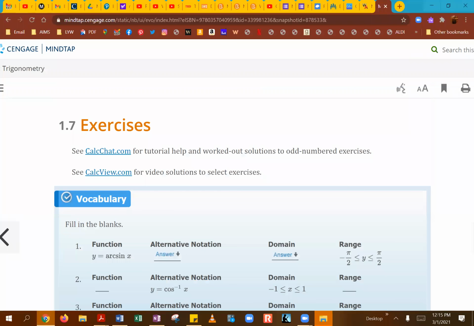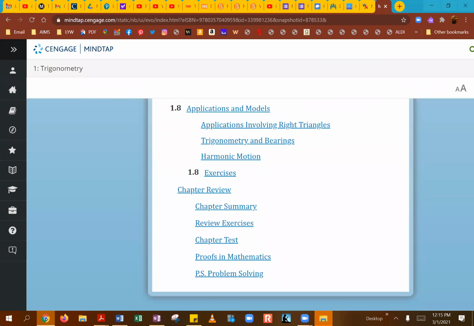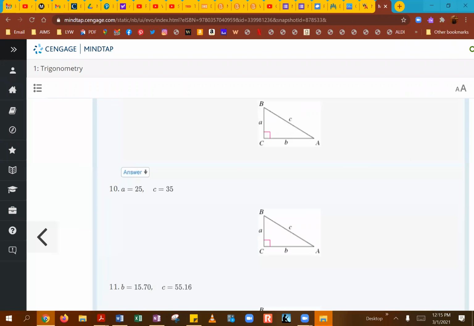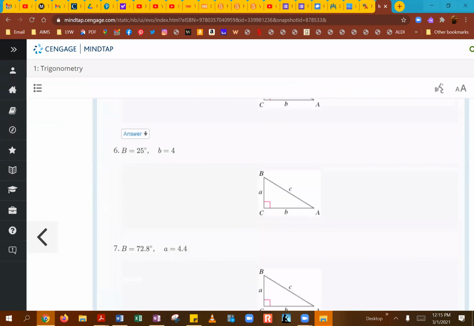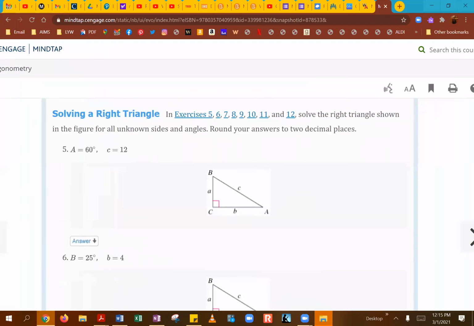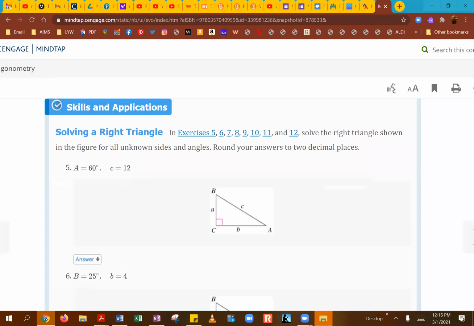So let's take a look at an example that I have for us over here. Number 6. Okay, so they're basically asking us to solve the right triangle by finding all the unknown sides and angles, and they're telling us to round our answers to 2 decimal places.